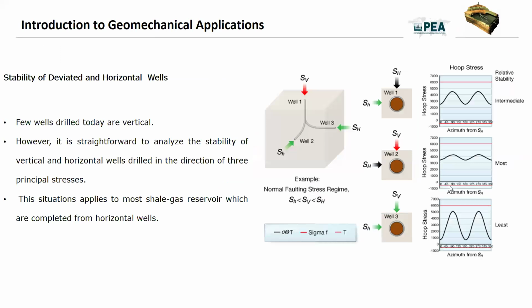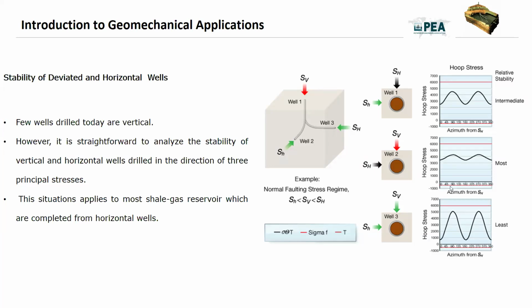Okay. So now we start to talk about the stability of the deviated and also the horizontal well. As you know, we are in 2024. Few wells drilled today are vertical. We have the unconventional shale gas and also the offshore fields, which are developed from fixed or floating drilling platforms using multiple deviated and extended reach wells to access the reservoirs.